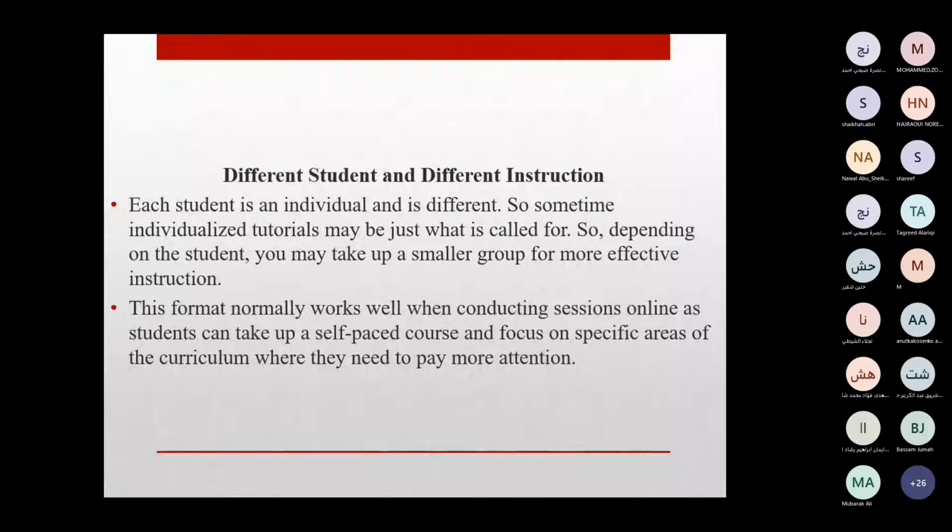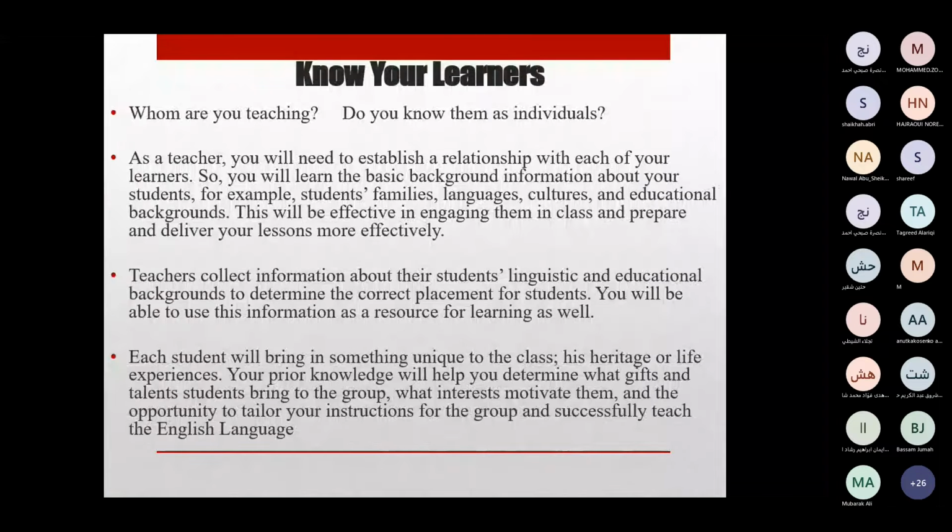So, continuing, you have to know your learners and be aware of whom you are teaching, and you have to know them well as individuals. And as we have seen before, we have different learners and different learning styles. So you don't deal with the students as one category.